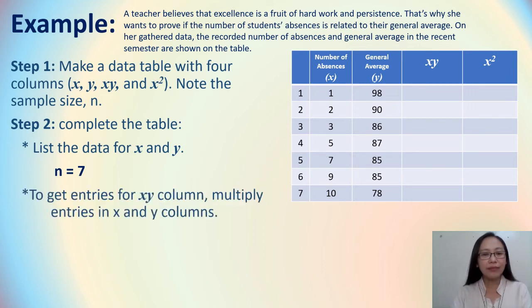Now to get the entries for the xy column, we multiply the entries in the x and y columns.